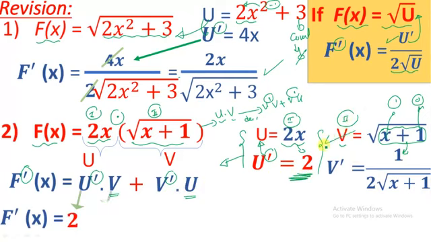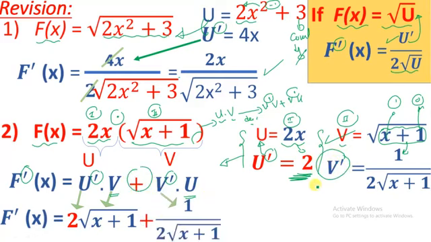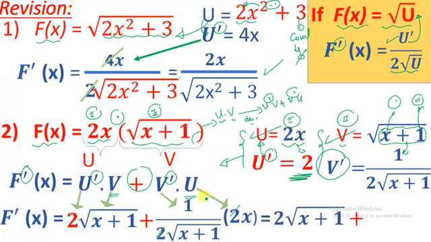It is radical x plus 1, plus v prime, which is 1 over 2 radical x plus 1 multiplied by u, which is 2x. Now we can simplify by cancelling 2 and 2 to get what? To get 2 radical x plus 1 plus x over radical x plus 1, and here is our derivative.